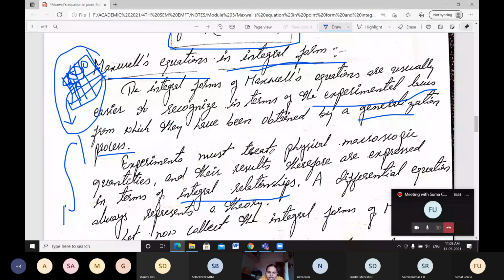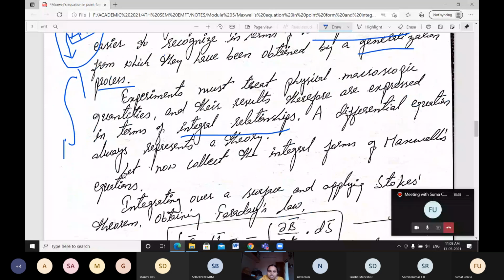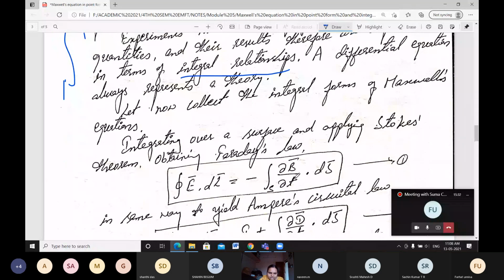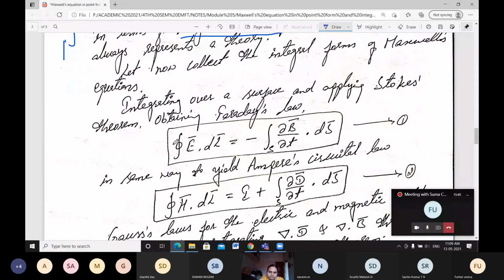Okay, now let us collect the integral form of Maxwell's equations, integrating over a surface and applying Stokes' theorem. Again, we use the same thing we learned. Obtaining Faraday's law, which we already covered, I hope you remember: the closed integral of E dot dl is equal to minus the surface integral of dB/dt dot dS.